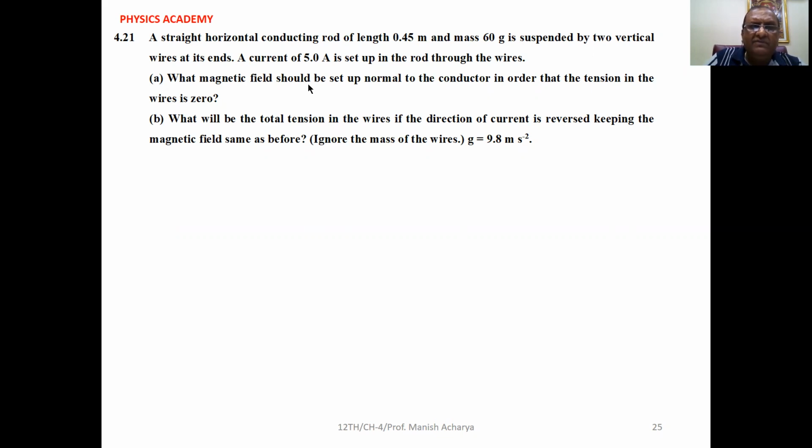A. What magnetic field should be set up normal to the conductor in order that the tension in the wire is 0? B. What will be the total tension in the wires if the direction of current is reversed, keeping the magnetic field same as before? Ignore the mass of the wires, and g, that is 9.8 meter per second squared.